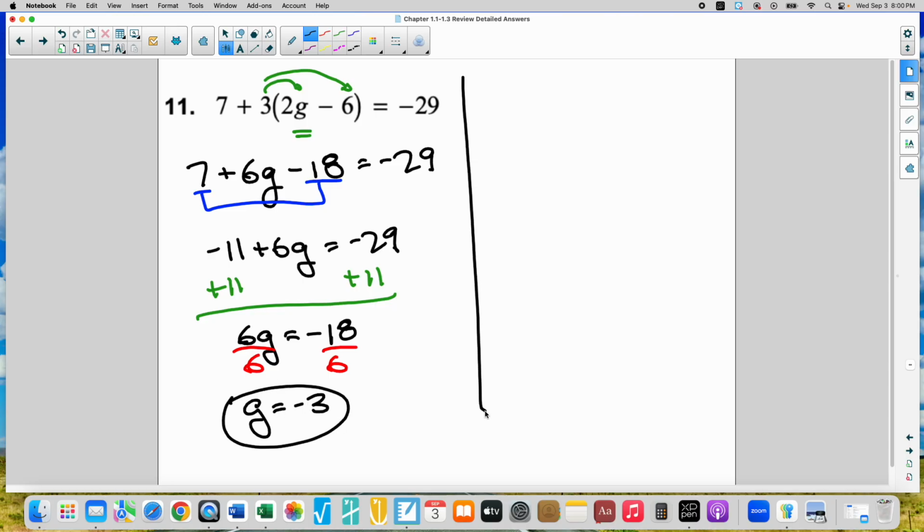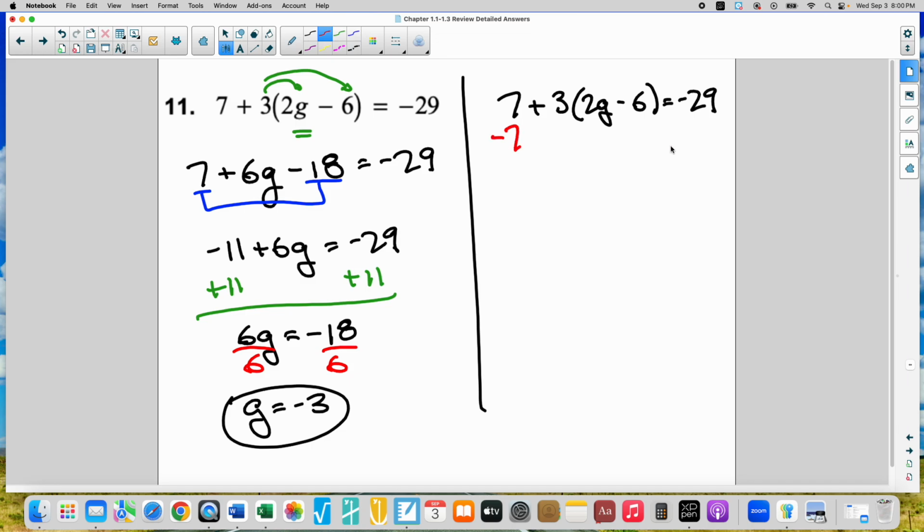Now, I could do the other technique in this one because my g's are consolidated. So if I have 7 plus 3 times the quantity 2g minus 6 equals negative 29, I'm going to get rid of this 7. Can't get rid of the 3 because it's multiplying.